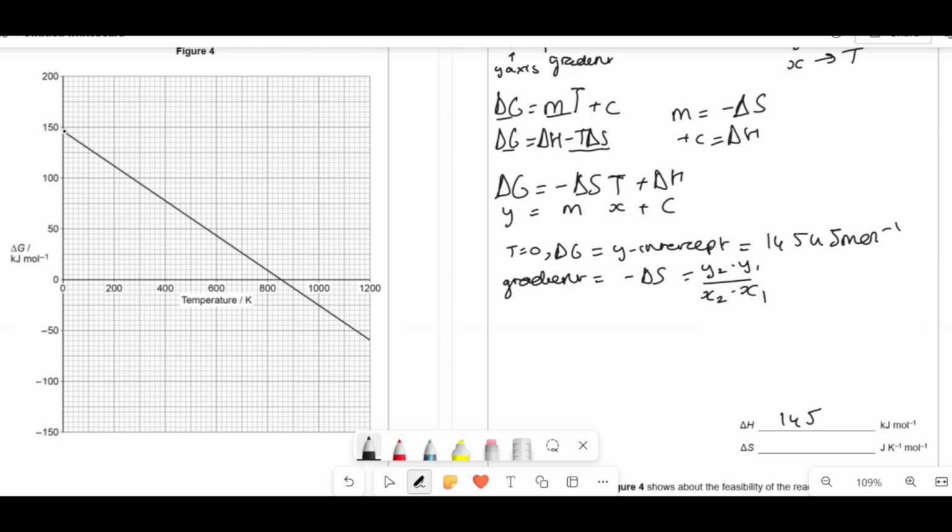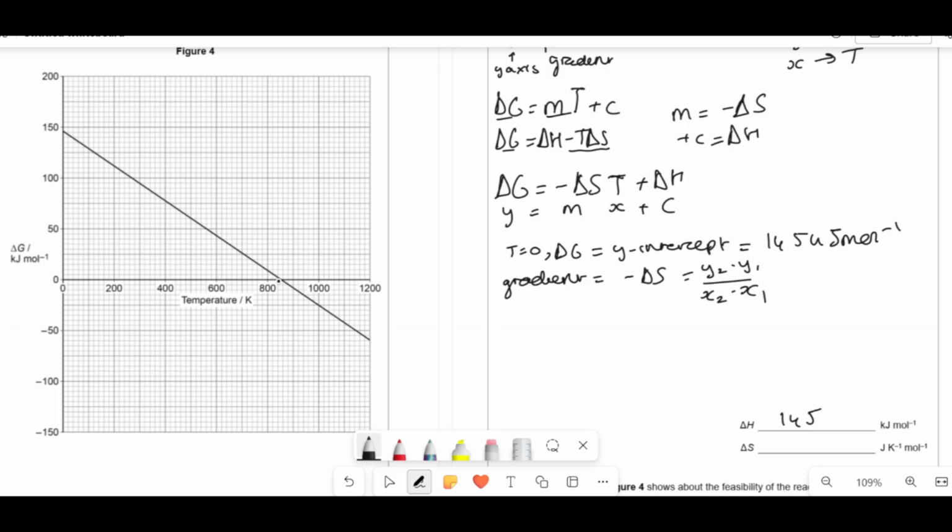A common mistake I see is that people will pick this, and this, for example, and then they will say that's the y2 and that's the y1. That's incorrect, because what you're doing is taking away this higher point from the first point, and that will give you a positive gradient. y2 is always that way, right? As in you read a graph from left to right. So the more to that side you go, the higher that number gets.